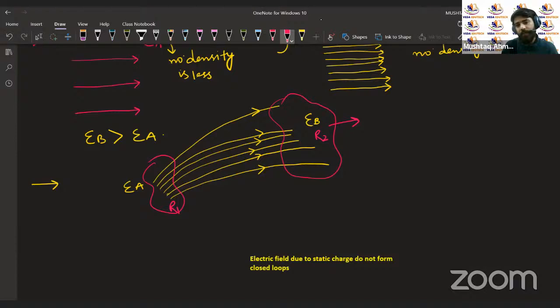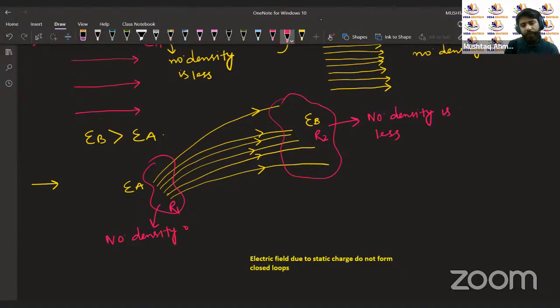In this case, the number density is less, right? You can clearly see that the number density is less. And once again here, the number density of the electric field lines is more.